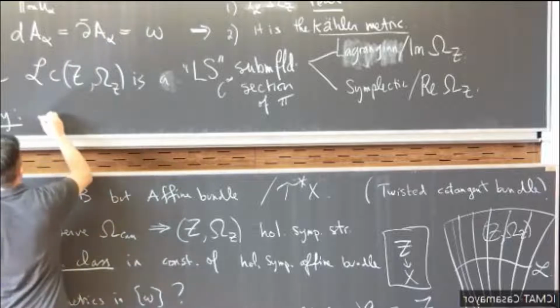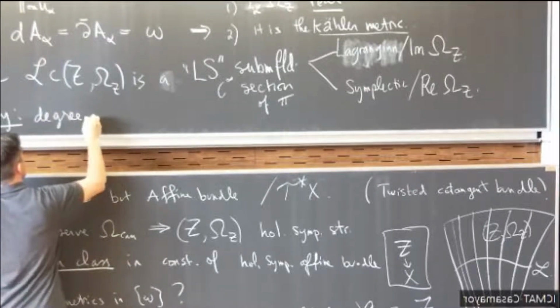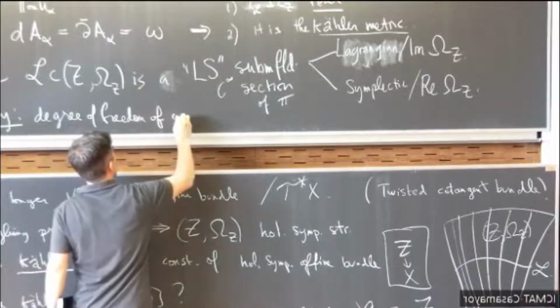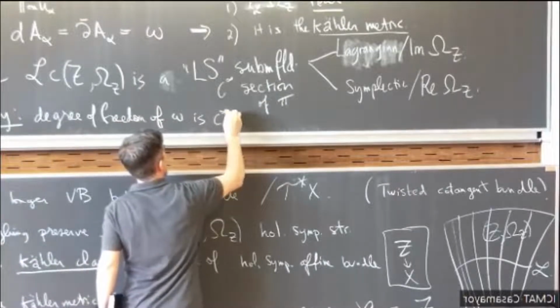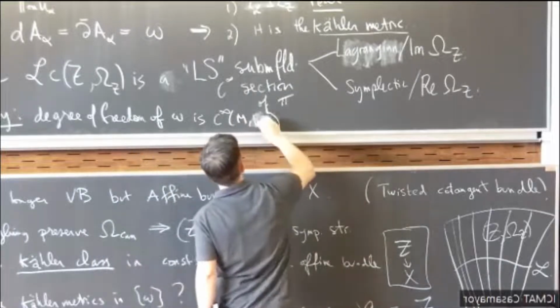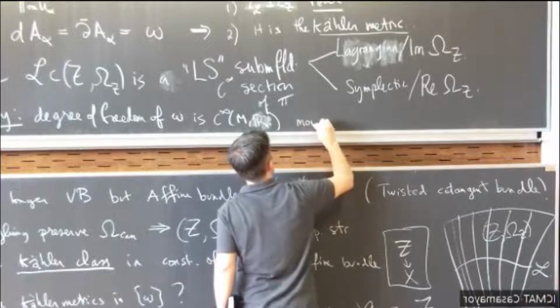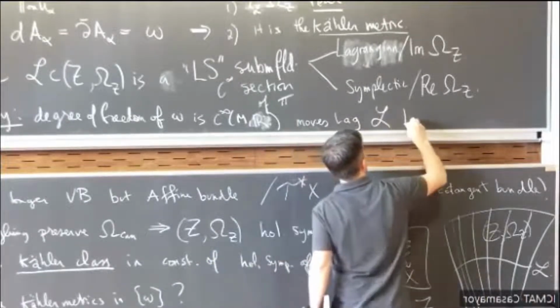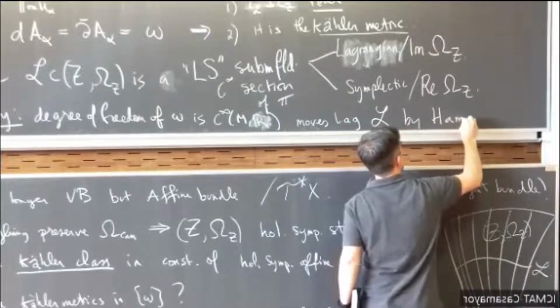So the degree of freedom in omega is just a real valued function, which moves the Lagrangian L by a Hamiltonian flow.